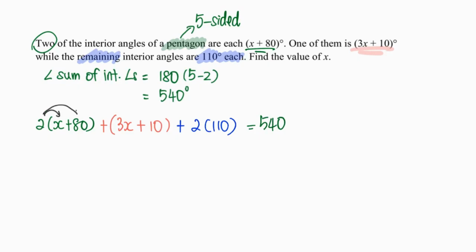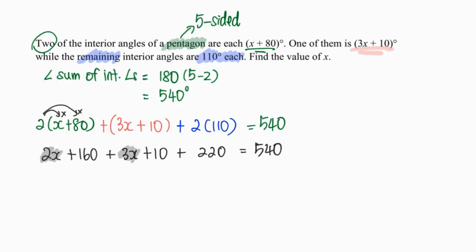So multiply 2x plus 160 plus 3x plus 10 plus 220 is equals to 540. Let's just solve nicely. 2x plus 3x will be equals to 5x.